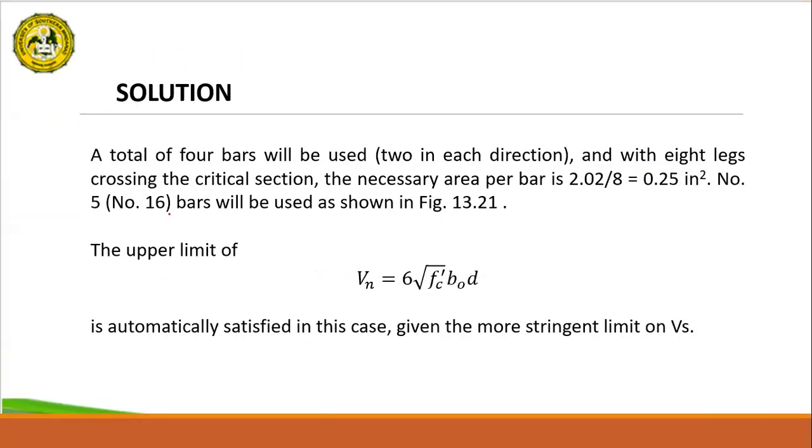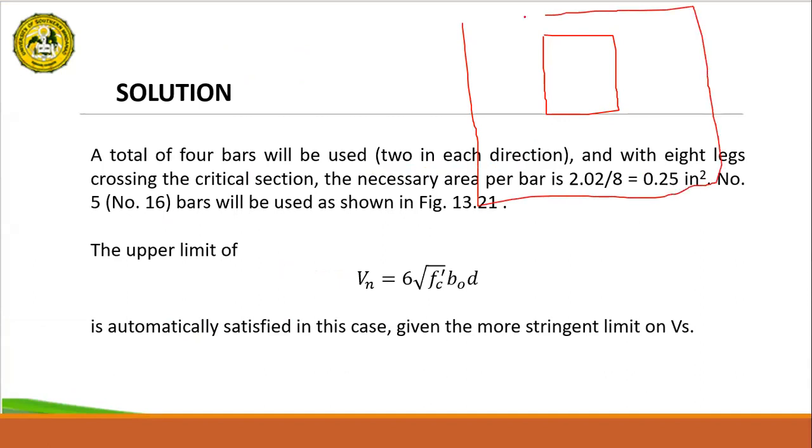So a total of 4 bars will be used, 2 in each direction. So sa north-south direction, so kung mag-drawing tayo dito, ito yung ating column. Then somewhere here, ito yung ating critical region for the punching shear, no? So pasensya at hindi equal yung distance. Ito should be equal, no?